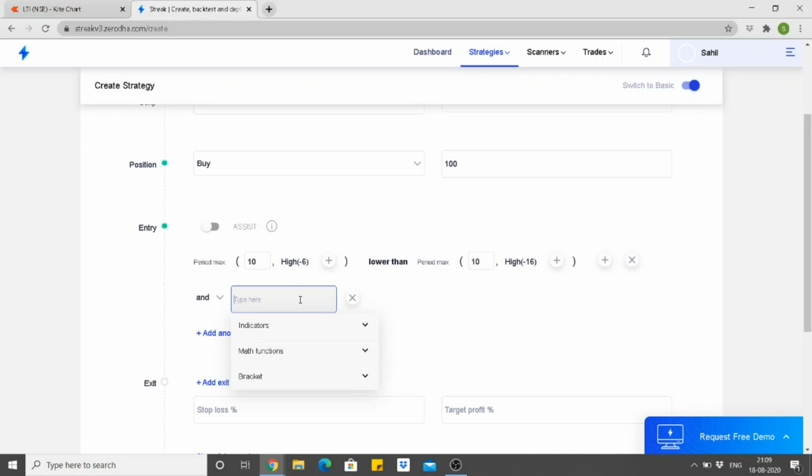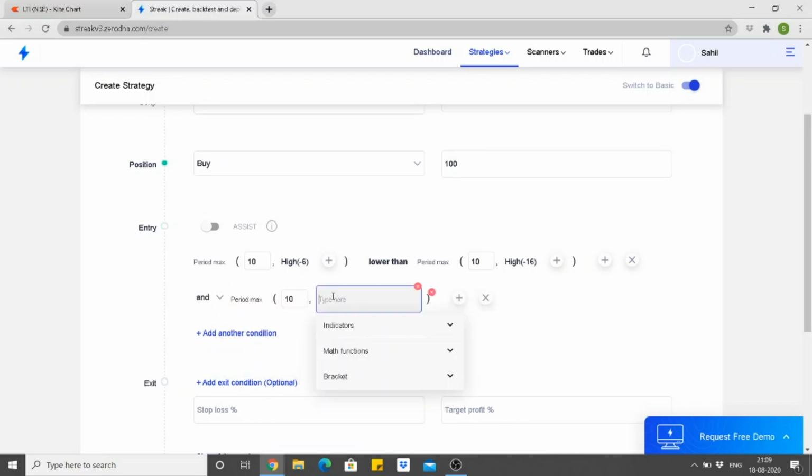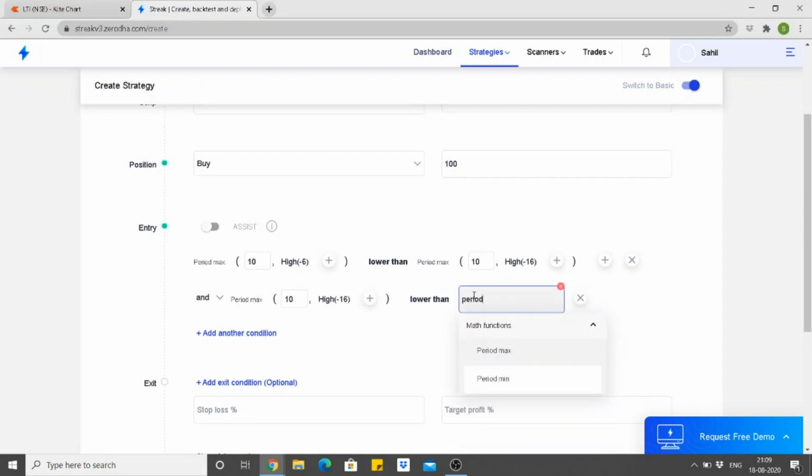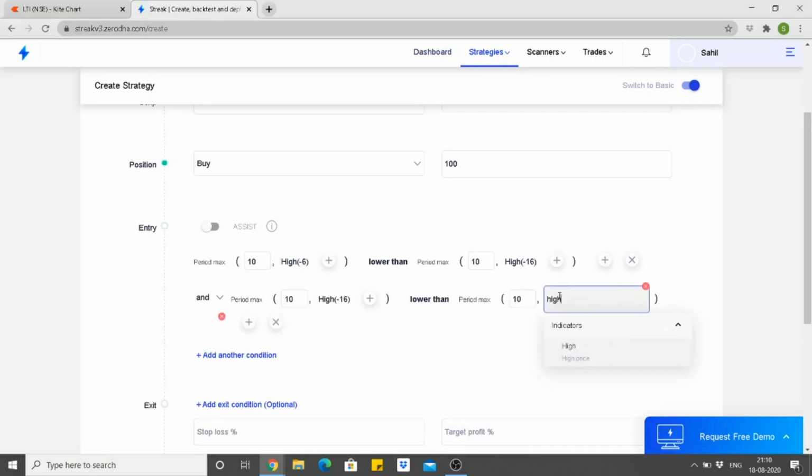We are trying to create the opposite scenario over here. Period max high -16 is lower than period max high -26.